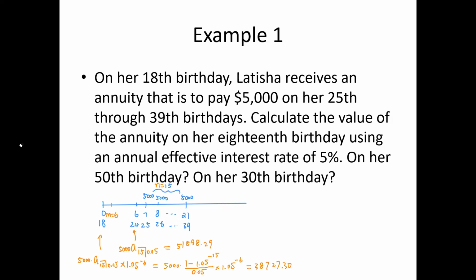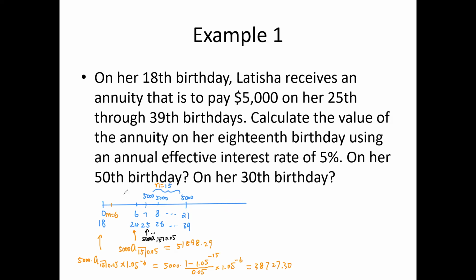So let me use a different color. You're going to work with annuity due. You have 5,000 times a-double-dot sub 15 angle 0.05.